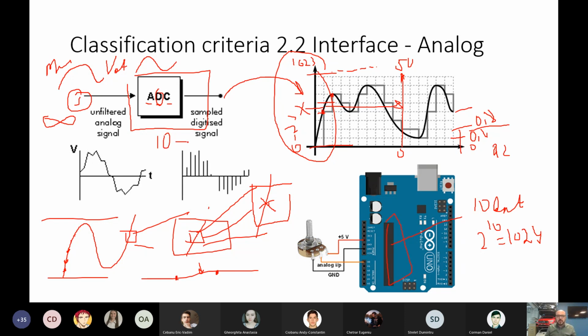We will have another, let's say, 11-bit resolution, and in this case we'll have 0, 0.2, 0.4, and so on. Yeah, and here we'll have what? 2048.